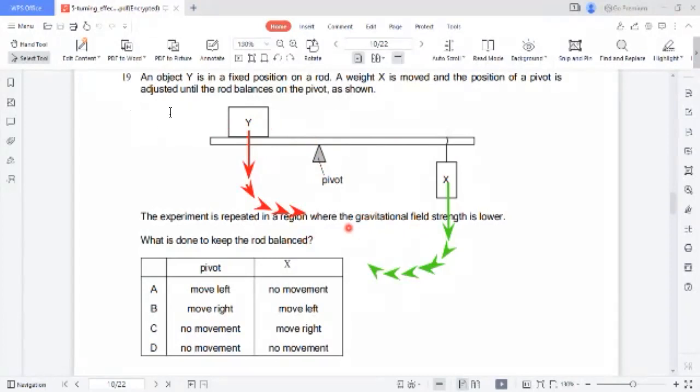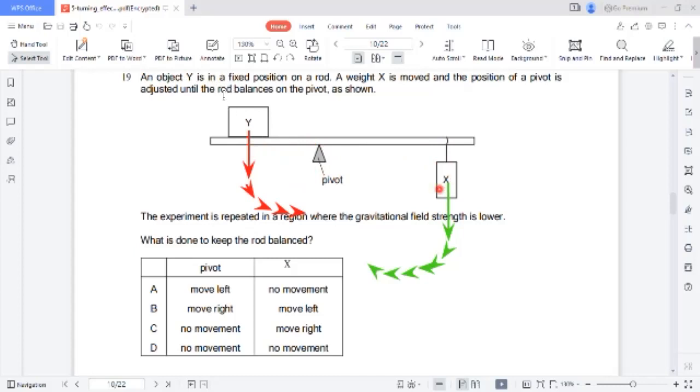So if this distance would be small, it means a small anti-clockwise movement would be there. And if the distance would be large on this side, then you can have large clockwise movement, because mass is small.